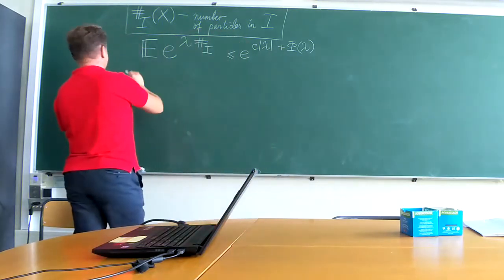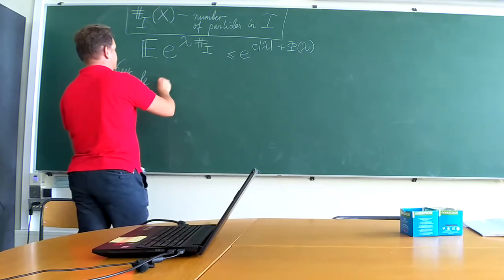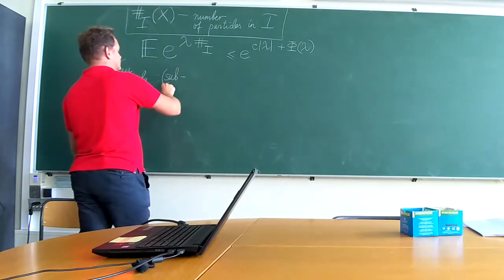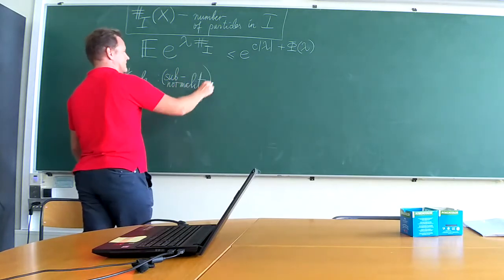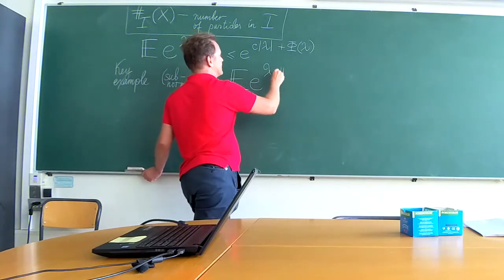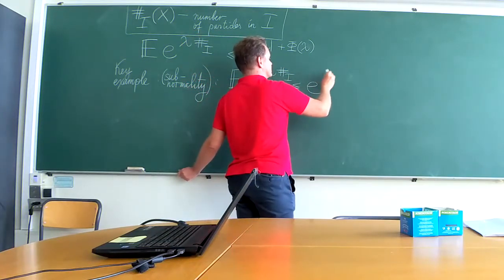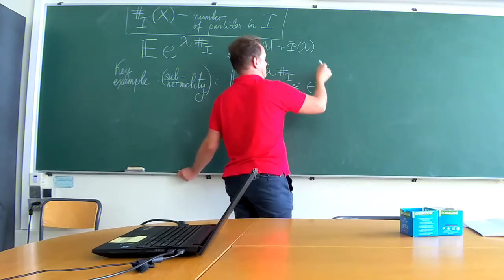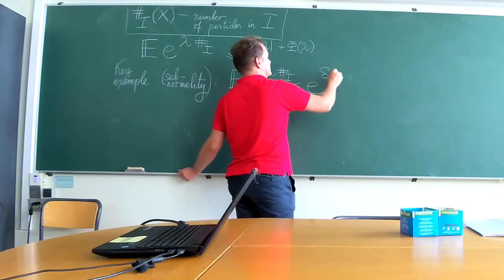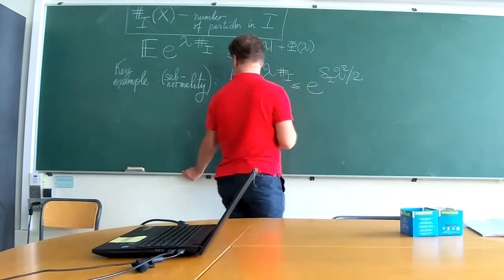The key example is just subnormality. So please observe that this is very different from a Poisson process. So some constant delta, and delta depends possibly on something.